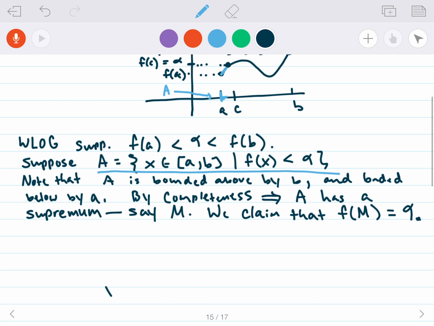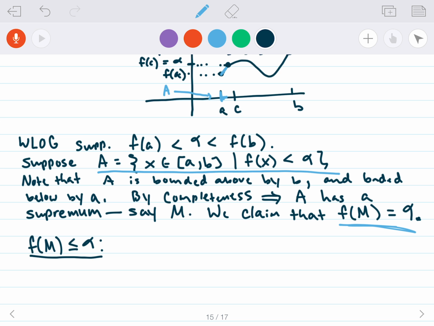And so let's show this by doing the less than or equal and greater than or equal to trick. So we want to show first that f of M is less than or equal to alpha. Okay. And so we know that our set A is bounded. And again, using proposition 3.29 in Cummings that we used in a previous proof, there's some sequence in A that converges to our supremum.